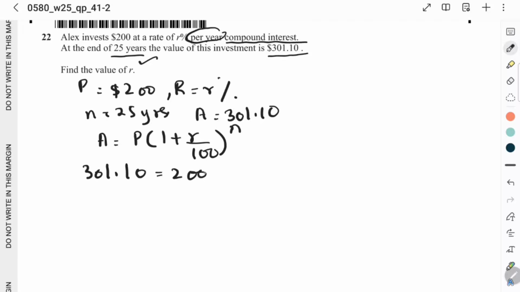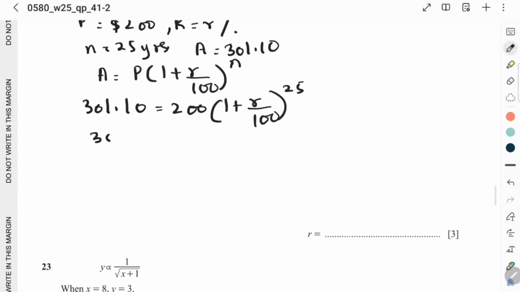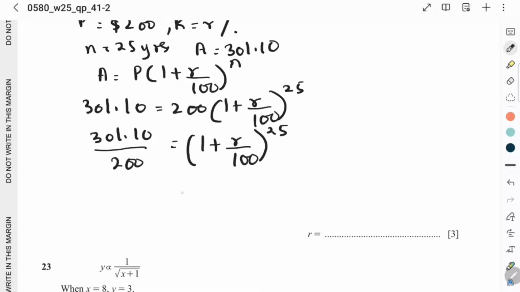So the amount is coming 301.10. 200 times 1 plus r upon 100 to the power of 25. 301.10 divided by 200 is equal to 1 plus r over 100 to the power of 25. So that is coming 1.50555 equals 1 plus r over 100 to the power of 25.